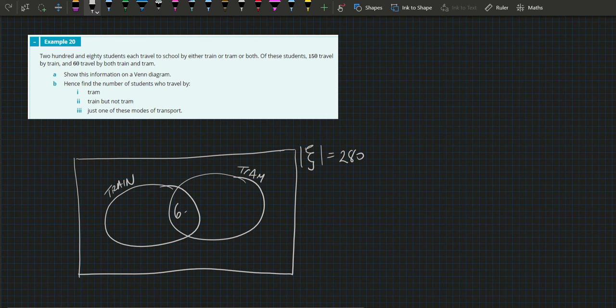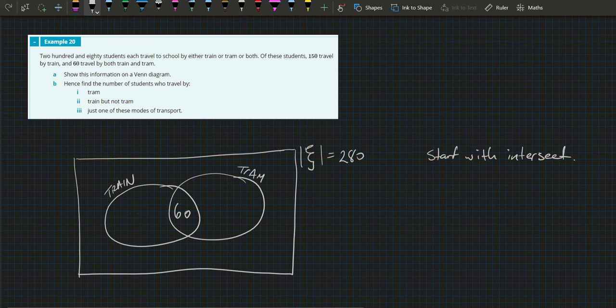So I always start off with the intersect, I'll just put a note here for those who read, because then it's easy to work out. Because train has to have 150 in total. So 60, that means there's 90 there.